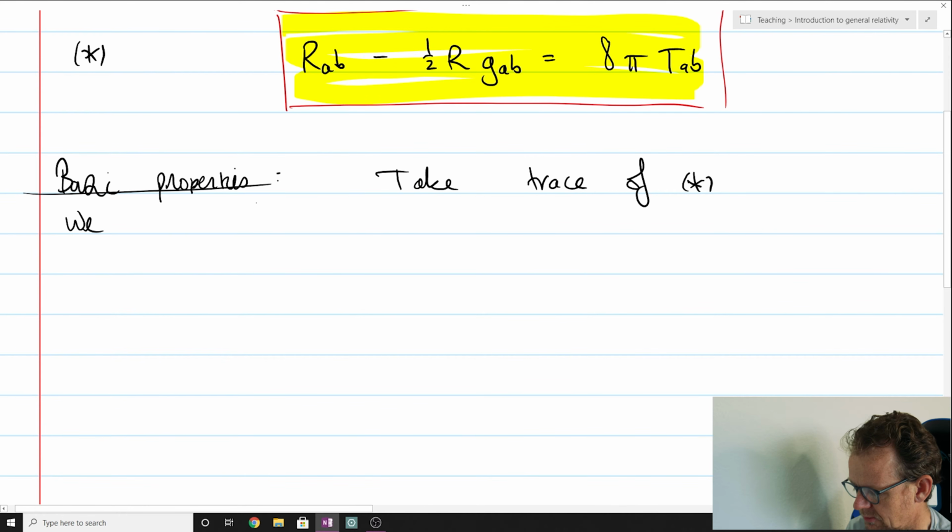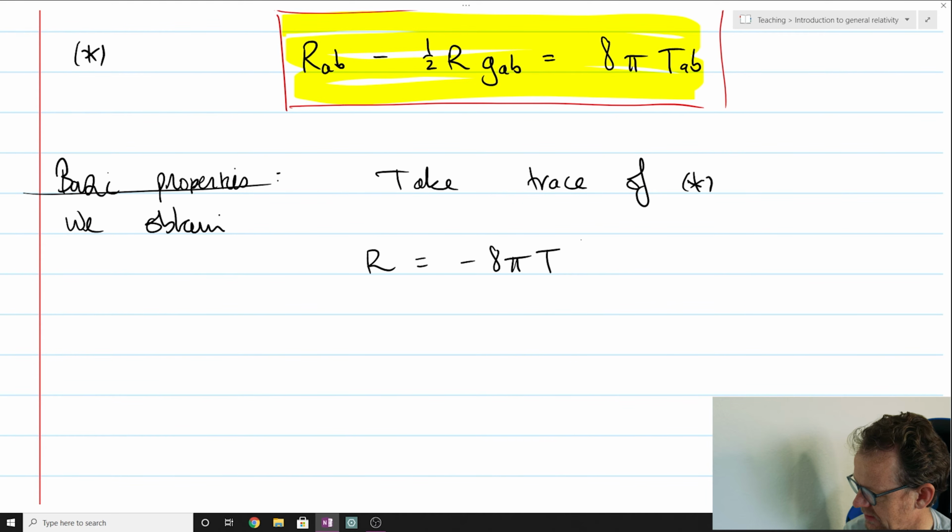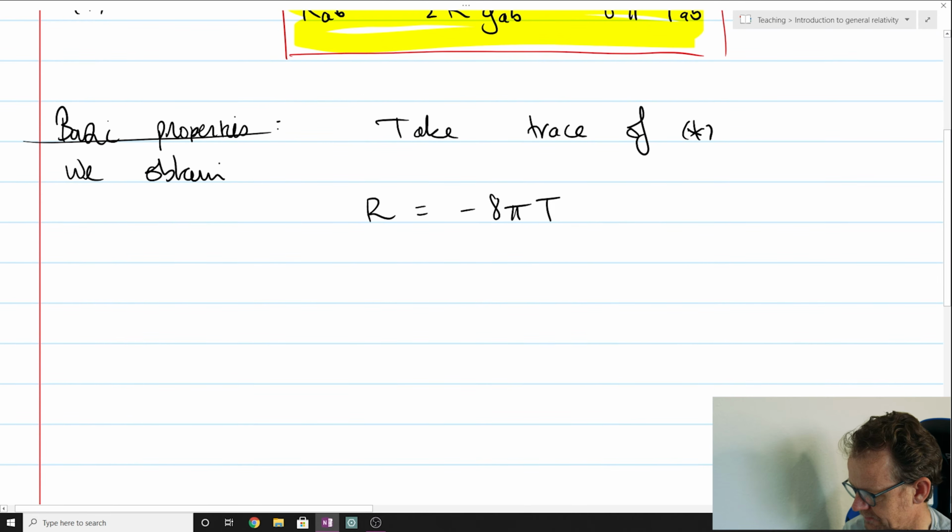Well, when you trace by contracting with a metric, we obtain an equation which relates the Ricci scalar R and the trace of the stress energy tensor. So that's a simple consequence of Einstein's field equations. T is the trace of the stress energy tensor.